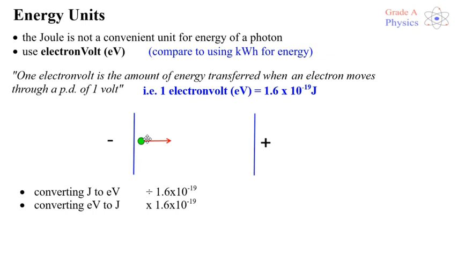We can actually calculate that because we know W is equal to Q times V. The Q is the charge on 1 electron, 1.6 × 10^-19. If you multiply that by the voltage, which is 1, you get exactly the same value. So basically the electron volt, this measurement of energy, is the same number as the charge on an electron. But rather than coulombs, we're now referring to this as joules, a unit of energy.